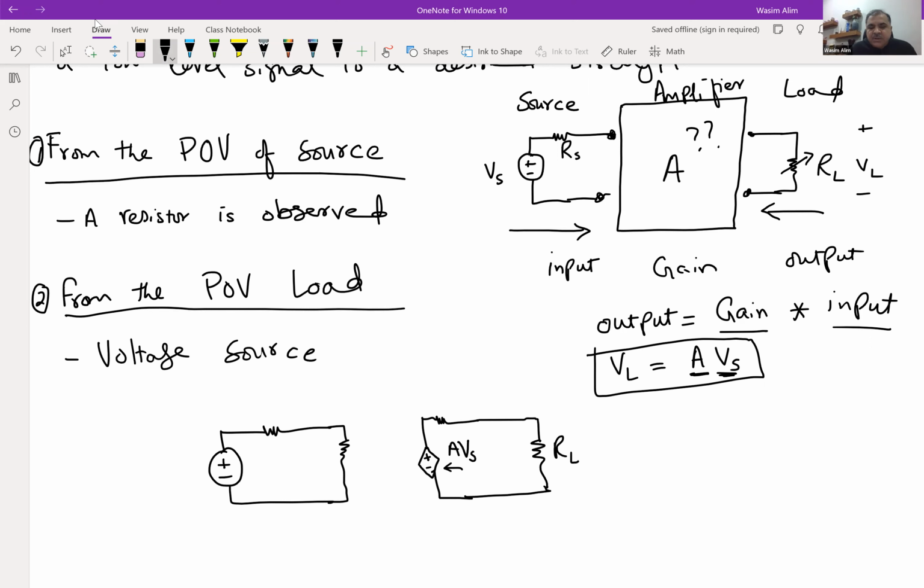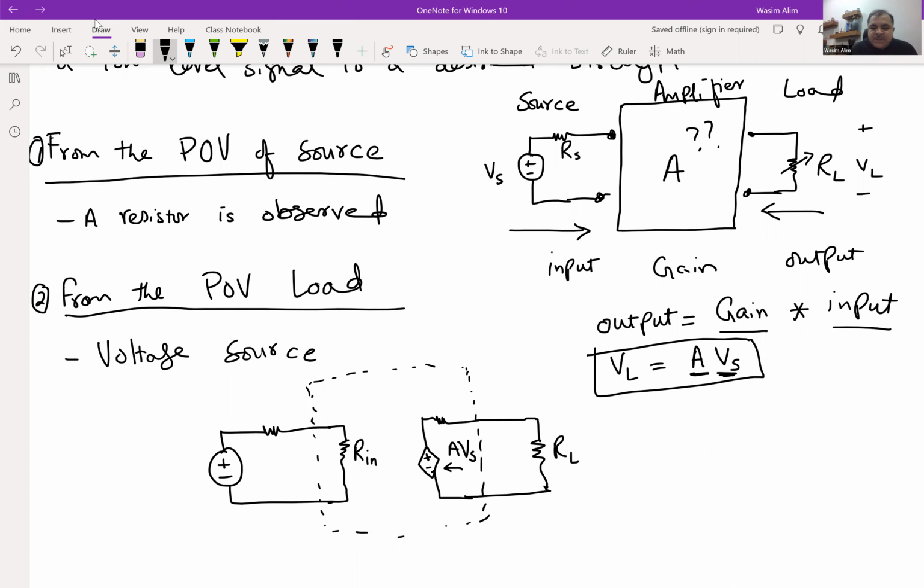So now we can say that we can model our circuit by this input resistance. Now we are looking at it, we're combining the two points of view together to model this.